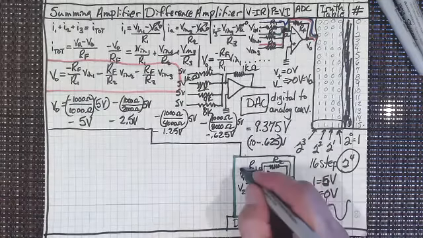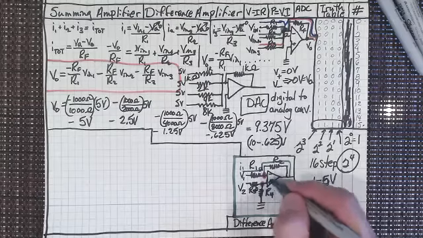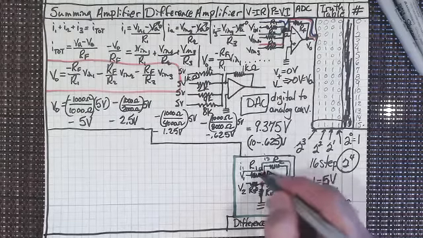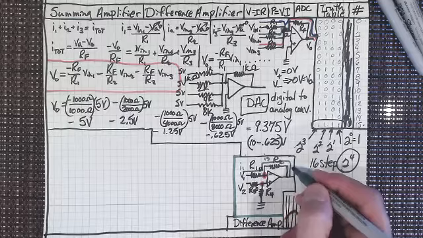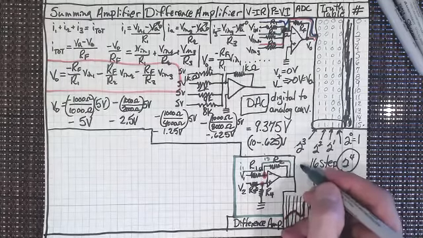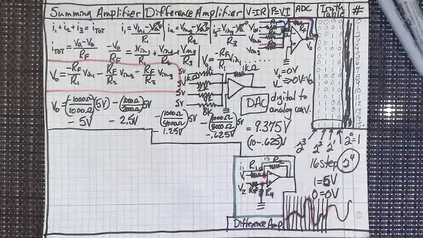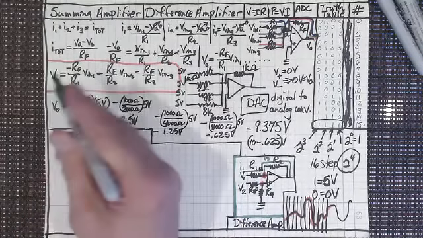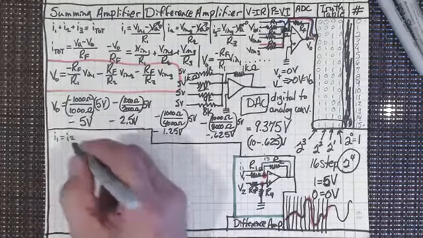If I call this I1 up to that point, and I call this I2, well, we know I1 and I2 are the same, so we really don't have to worry about it. I1 equals I2.